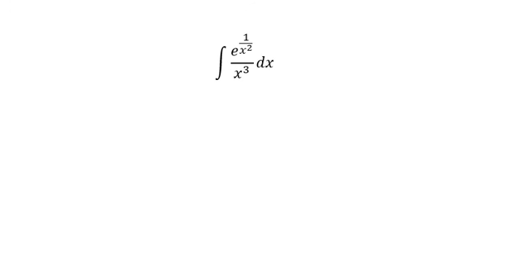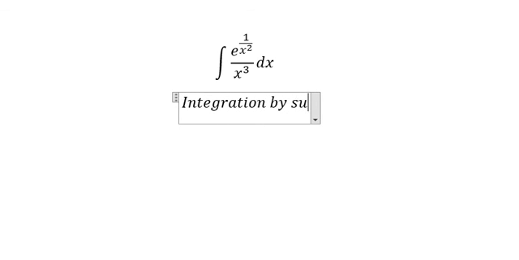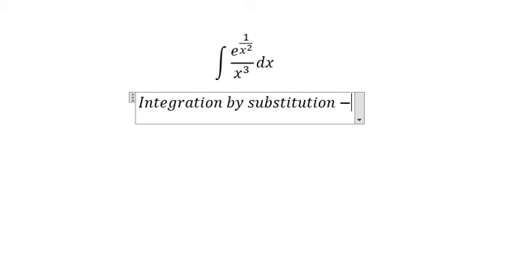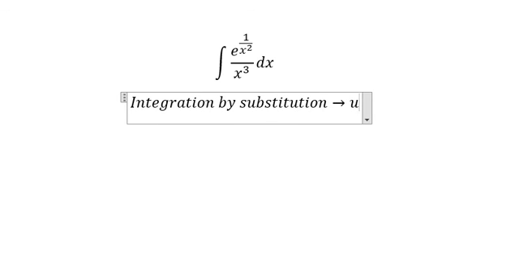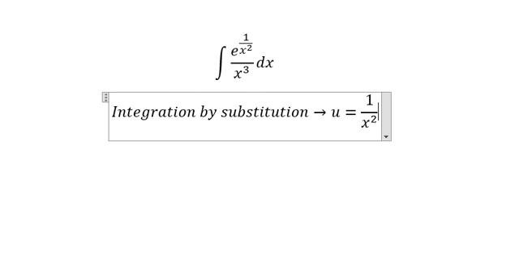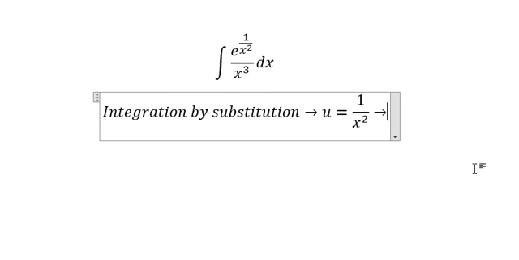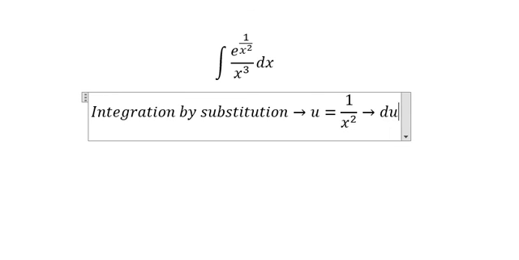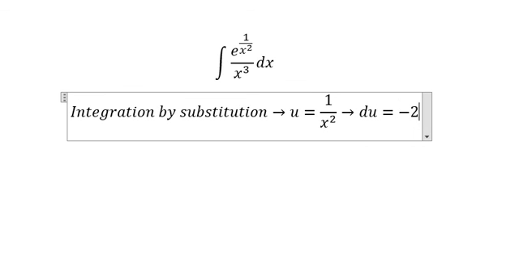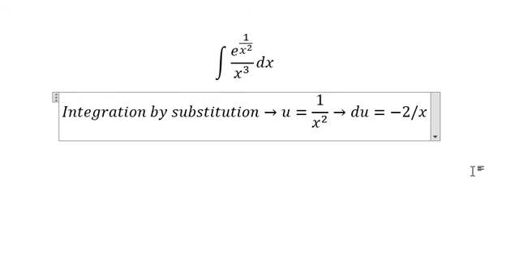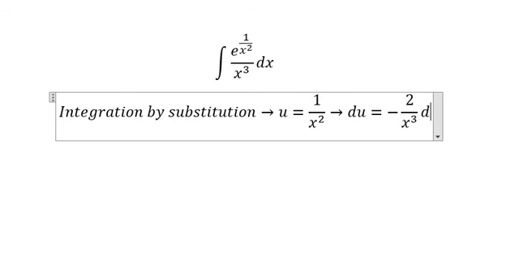Now let's go to the last one. We need to use integration by substitution. So I will put u equals 1 over s squared. So if we do first the derivative for both sides, you get du equal to negative number 2 over s to the power of 3 ds.